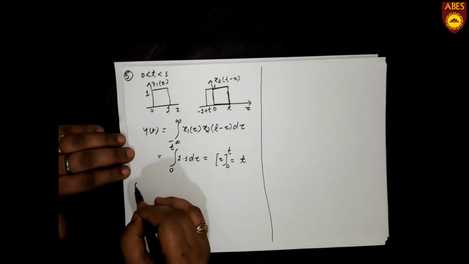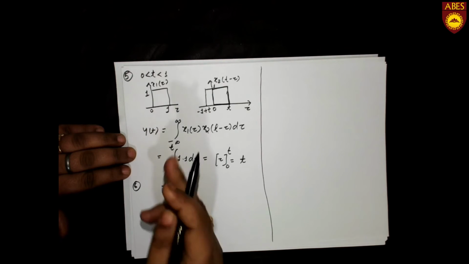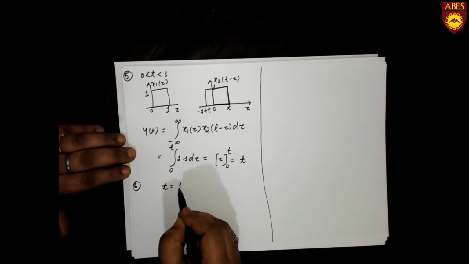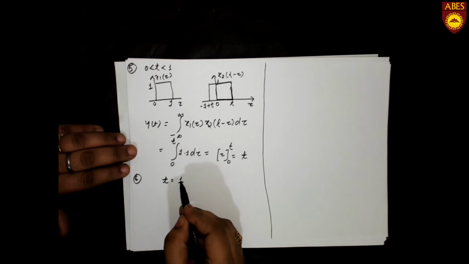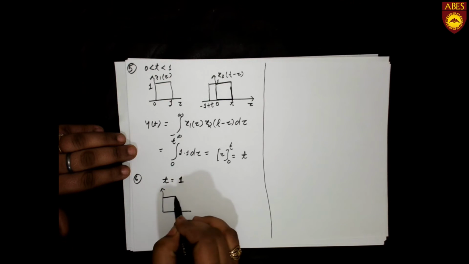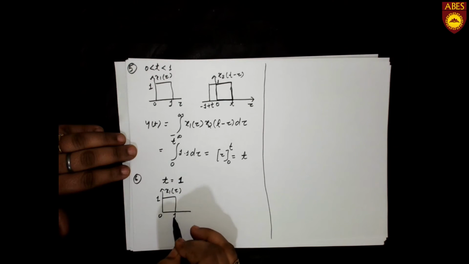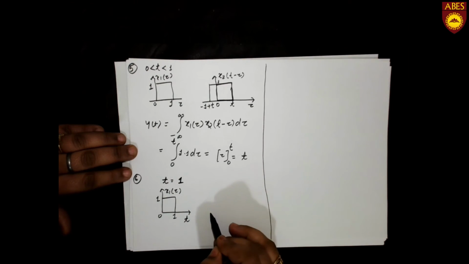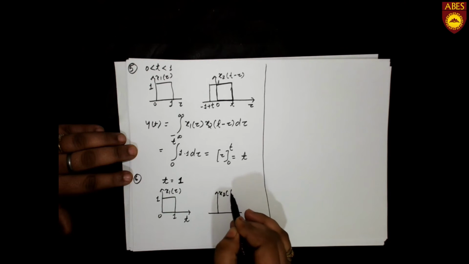Now the next condition is to assume that t is greater than 0 and t is equal to 1. So when t is plus 1, the first signal would be as it is, x1(tau), from 0 to 1, and the folded signal would be like this, x2(t minus tau).